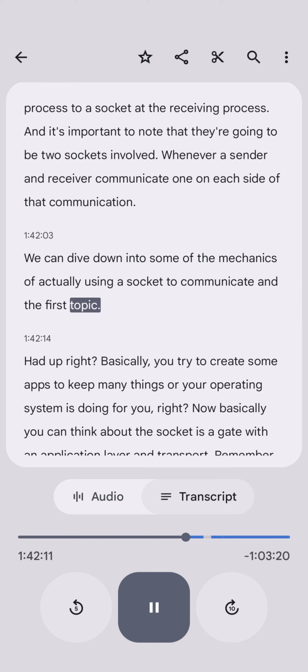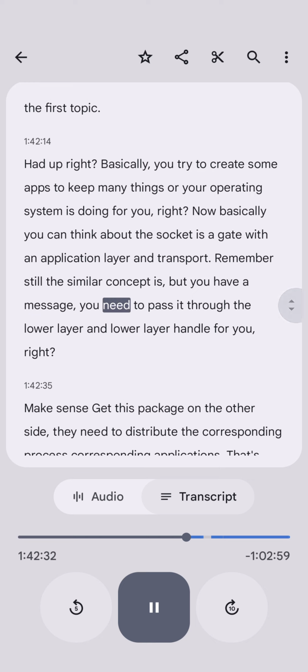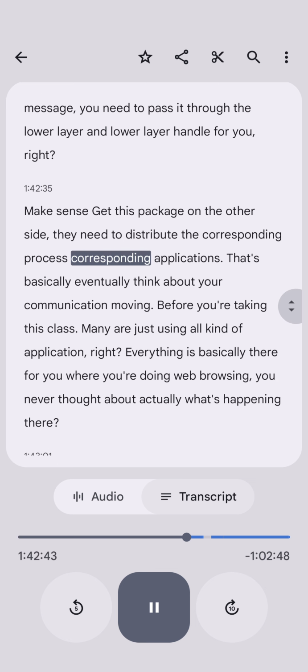Remember, the similar concept is that when you have a message, you need to pass it through the lower layer, and the lower layer handles it for you, right? Makes sense? Eventually, when you get this packet on the other side, they need to distribute it to the corresponding process, the corresponding application. That's basically what you should think about in your communication.